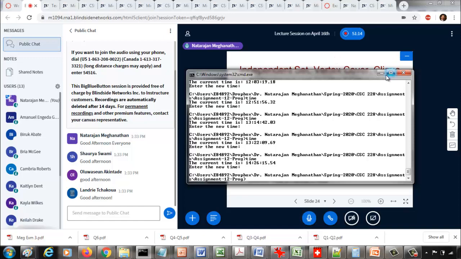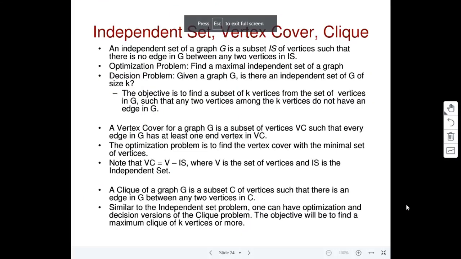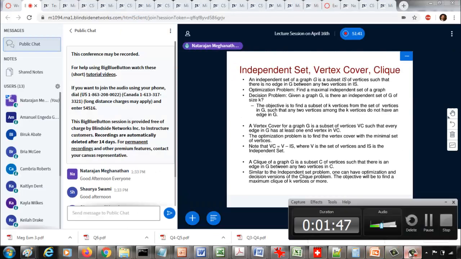Okay, so that is the traveling salesman problem, and we went through 2 heuristics for that. Now let us focus on 3 kind of data structures, but 3 entities, as you can call them, called independent set, vertex cover, and clique, and they are all related to each other.